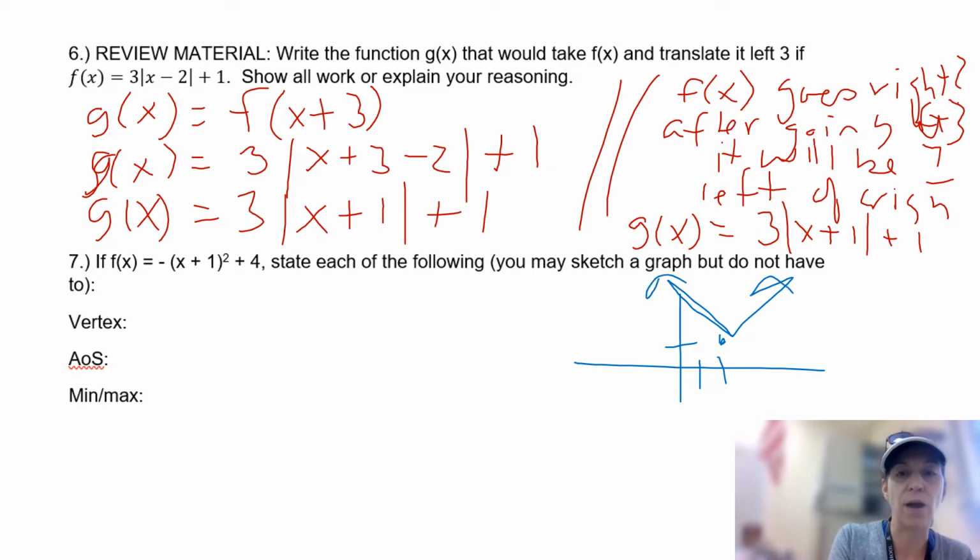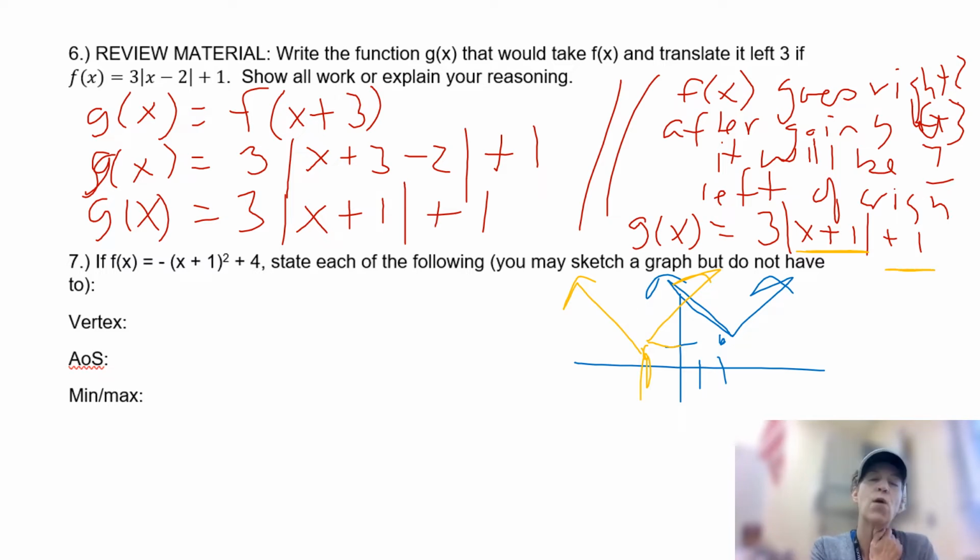And then they might draw the arrow and say, okay, 1, 2, 3 to the left is going to put it right there. And so if it goes 1 left and up 1, you would end up with the 1 left, up 1. So there's a lot of ways that you can show me that you understand how to take a function and move it on the coordinate plane. Just show me whatever is going to make sense to you and whatever means is going to convey that to me.